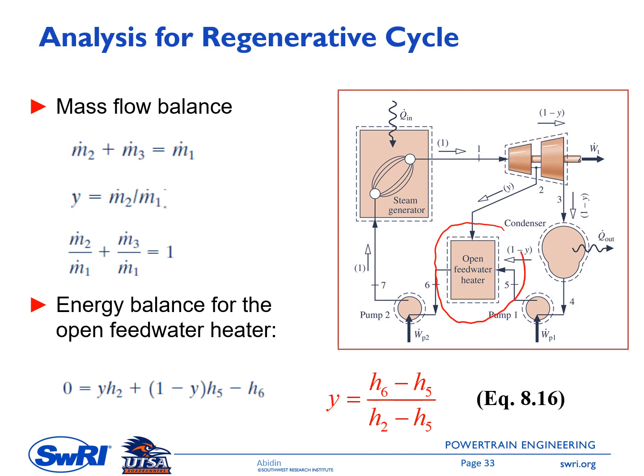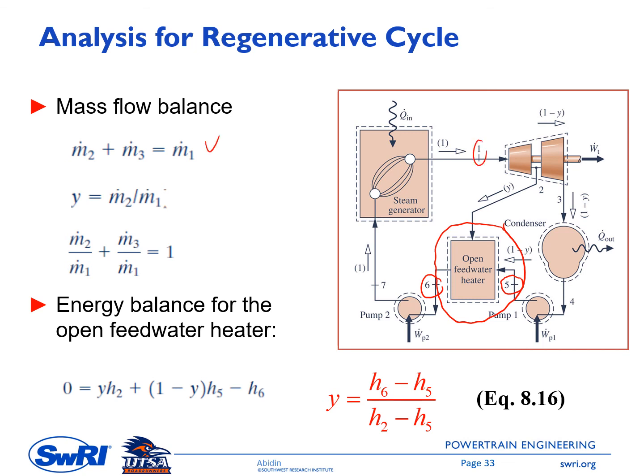You can see here the inflow streams are m2 and m3, m5 actually, but m5 here equals m3, and then the exit stream is m6, which equals m1.